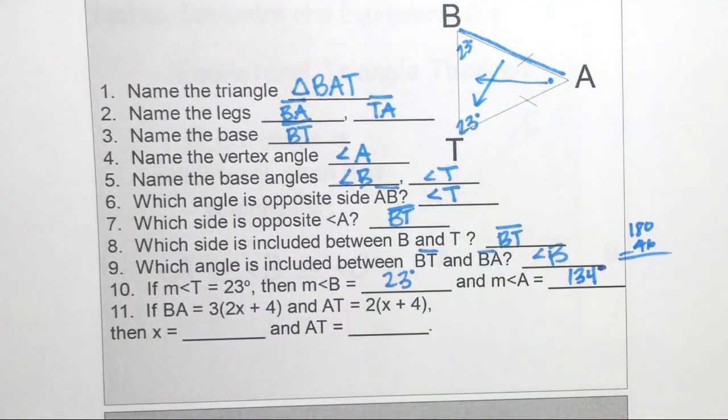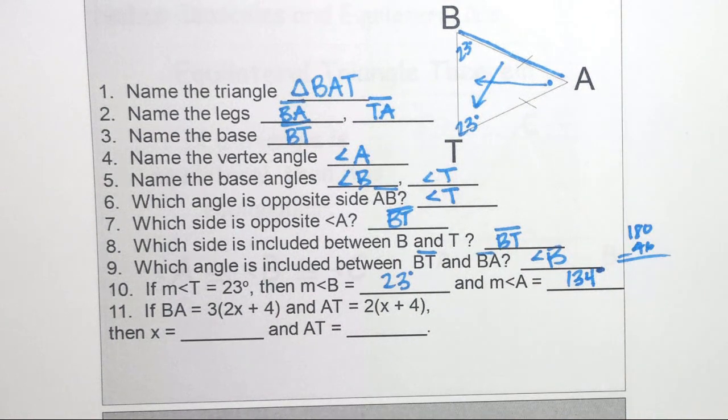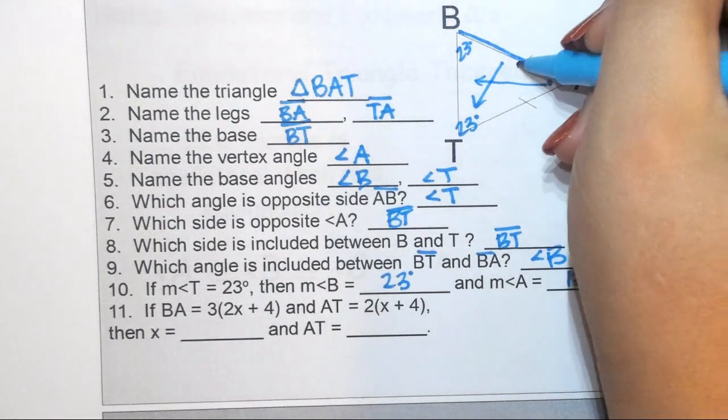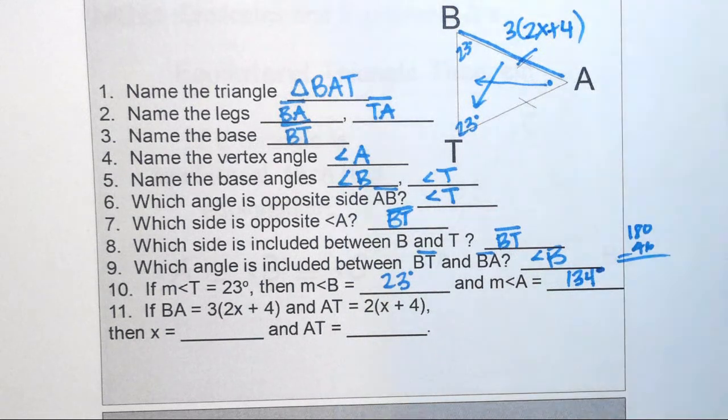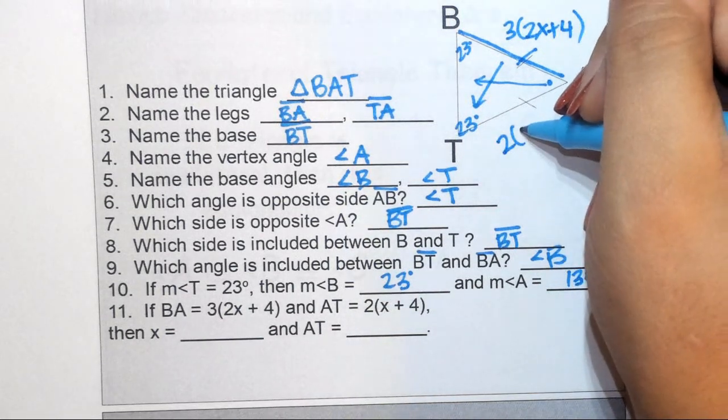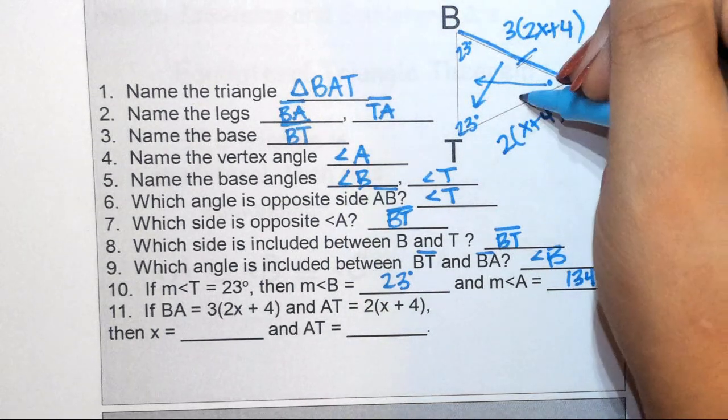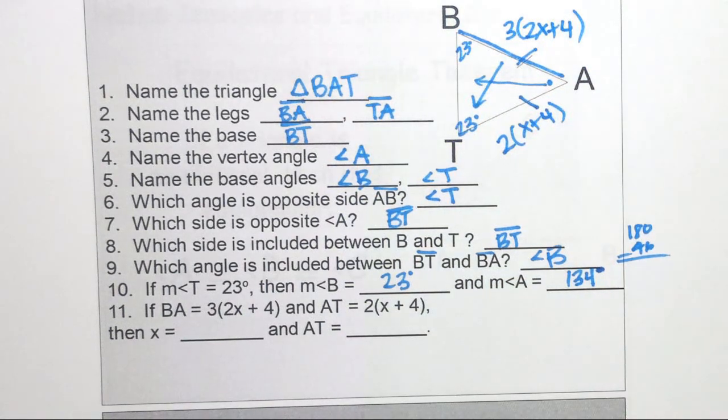All right, and Jonathan, the last victim of right now? Scott. All right, Scott. I'm actually not going to have you solve this out or anything, but looking at this, if I tell you BA is 3 times 2x plus 4, and I tell you AT is 2 times x plus 4, what are you going to need to do to find x?